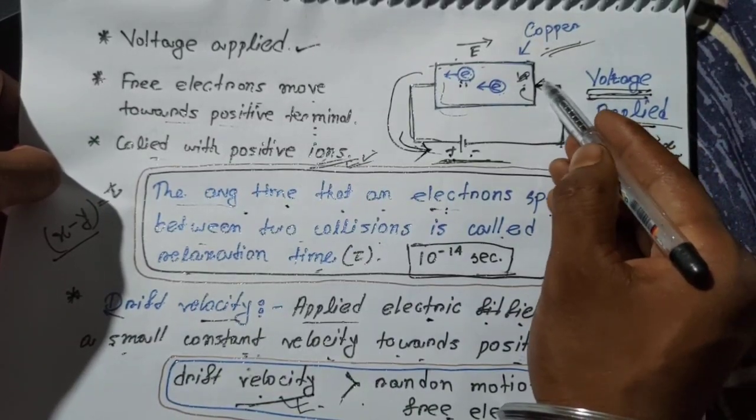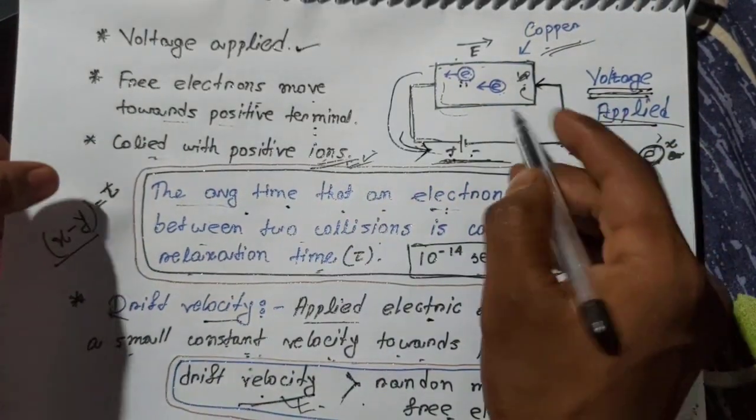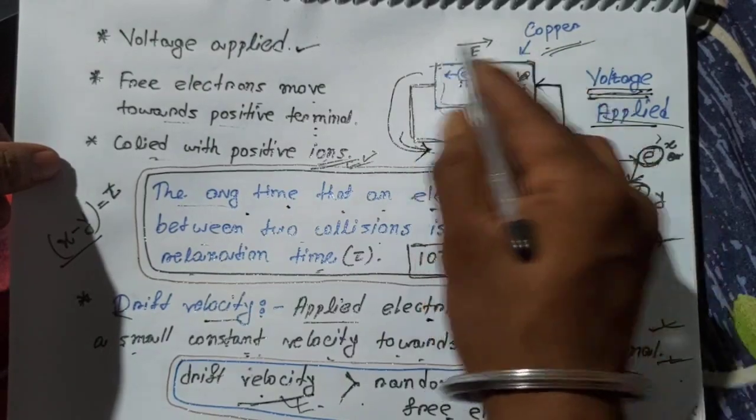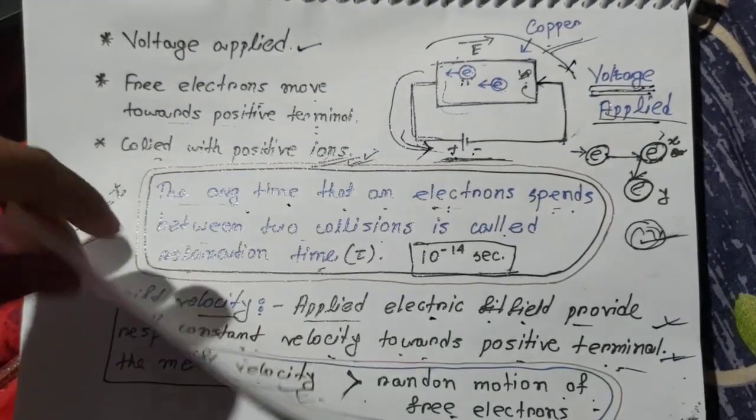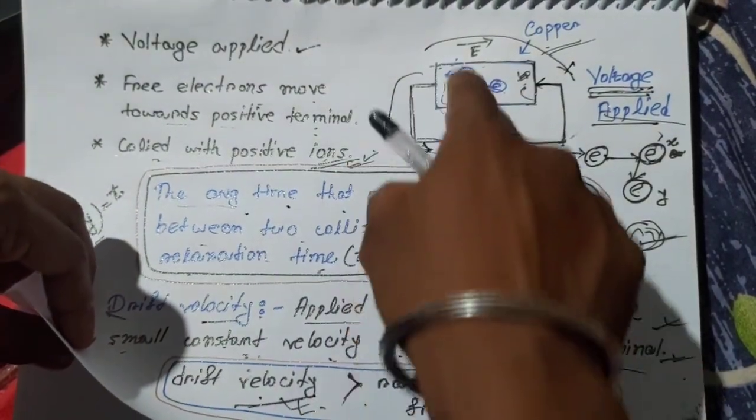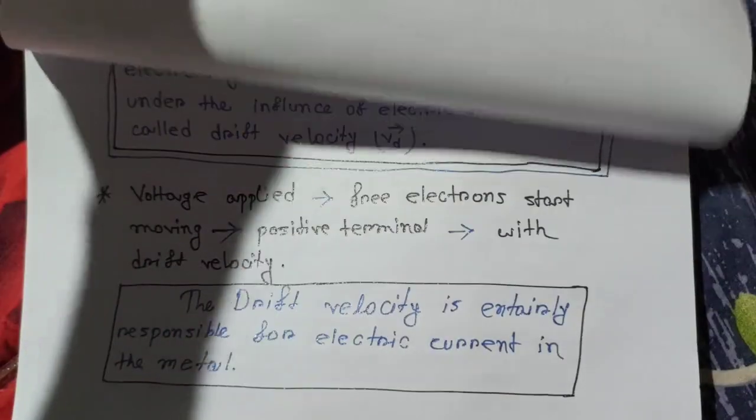Current is flowing in this direction, electrons are moving in the opposite direction.